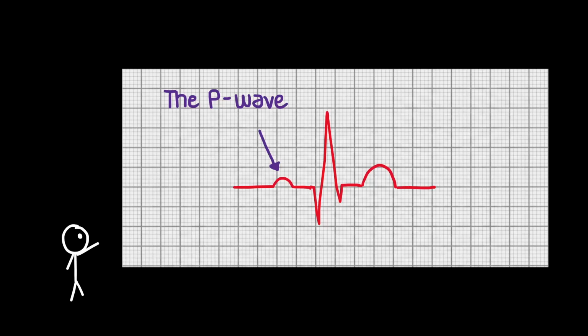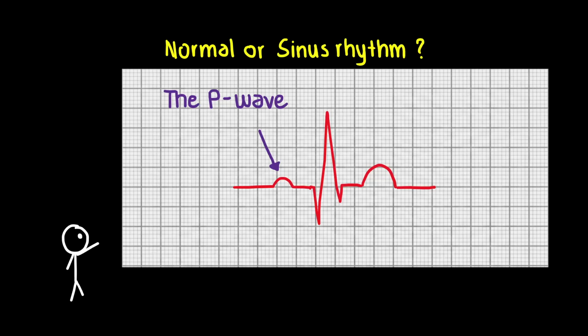Now here's where most people go wrong. They see a P wave and they call it a normal or sinus rhythm, meaning that electricity started from the SA node. But that's not enough. A P wave alone doesn't confirm sinus or SA node origin. For sinus rhythm, you need 3 things. 1.